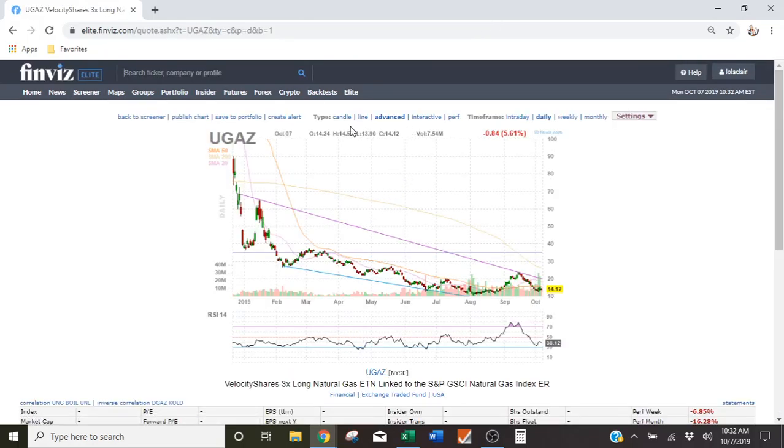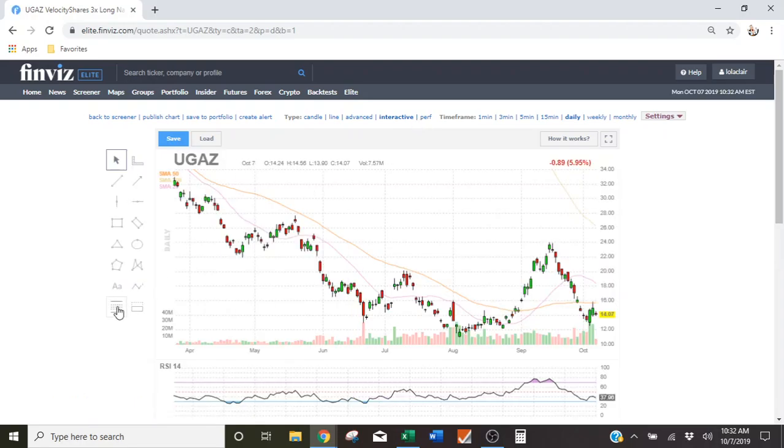You can set this up as your candles or line. I usually go to the interactive so I can use my Fibonacci retracement. So I just click on that, put it to the extreme last candle, click, and just drag it all the way up.